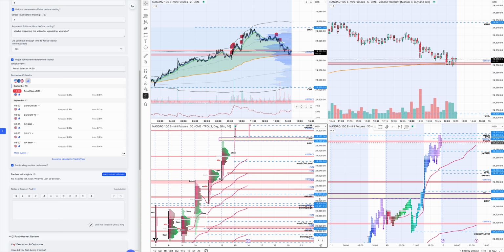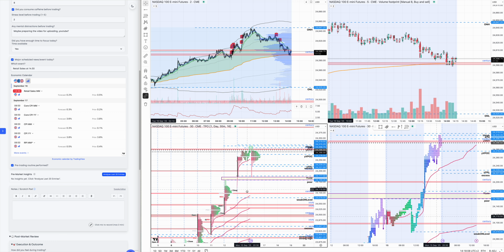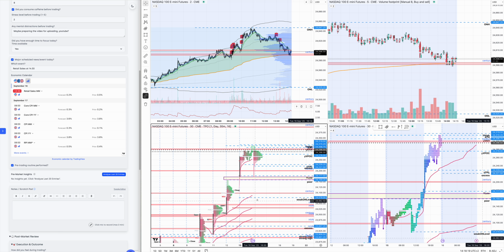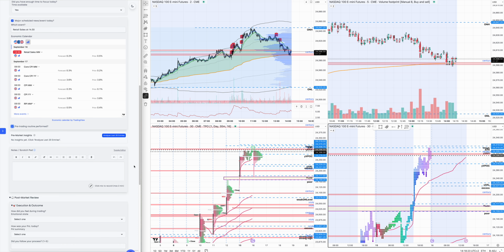And we can see market profile helps a lot to show the progression of the RTH sessions in this case, right? And I keep the last day extended. Okay, and that's it. I think this is it for now.